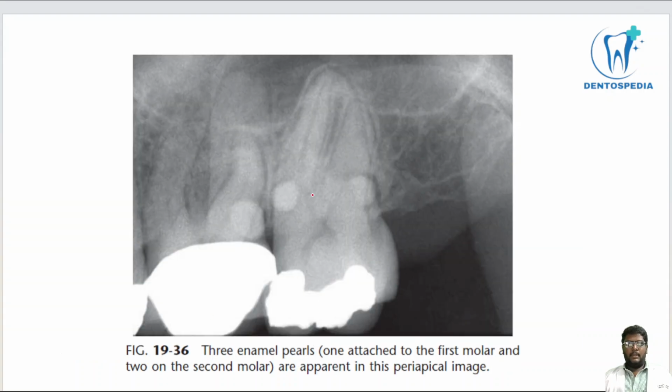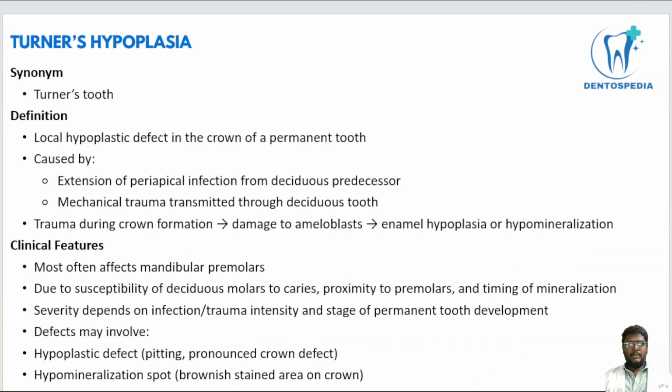Here you can see the enamel pearls, and coming to the next anomaly, that is Turner's hypoplasia, also called Turner's tooth. It is basically a local hypoplastic defect in the crown region of a permanent tooth. It is not affecting the primary teeth. What is the main cause?